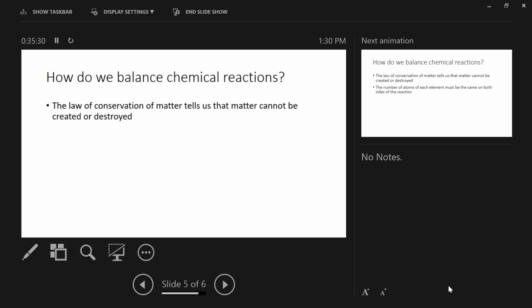Do you get the feeling that this makes matter eternal? You can't create it, and you can't destroy it. It sounds like matter is eternal, which is interesting. So this law has to be violated at some point, unless matter is eternal.